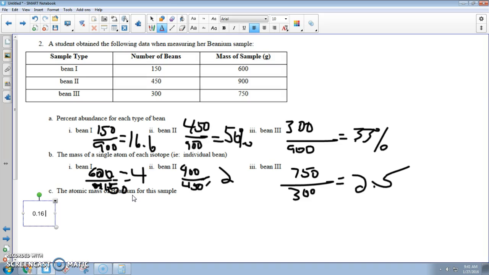So 0.16 times 4 grams plus my next percentage is 0.5 times 2 grams plus my next percentage is 0.33 times 2.5 grams, and all of that together will still equal 2.5.